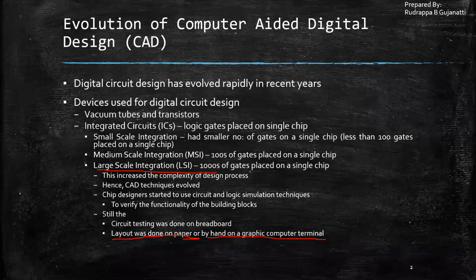If you had to bring out the layout of the system, so if the system requires an AND gate or an OR gate, or any other block, these things were done on paper, or manually using the graphic computer terminal.